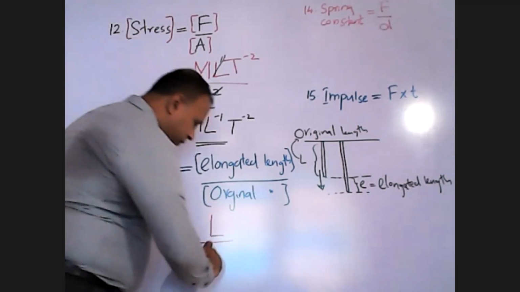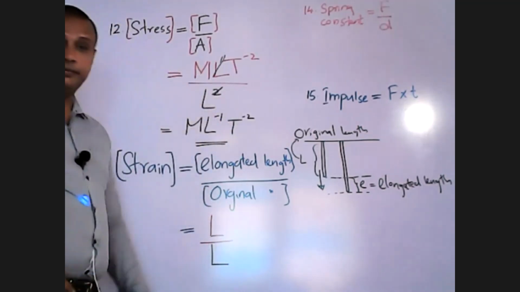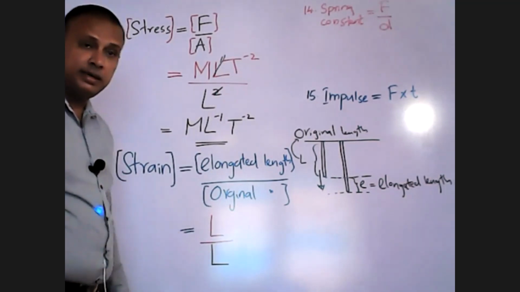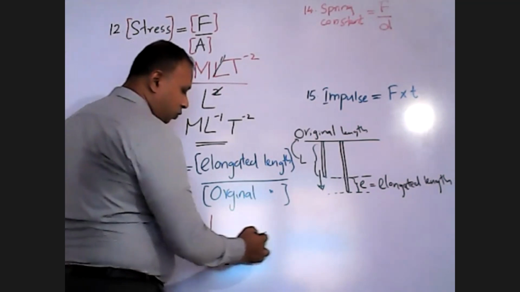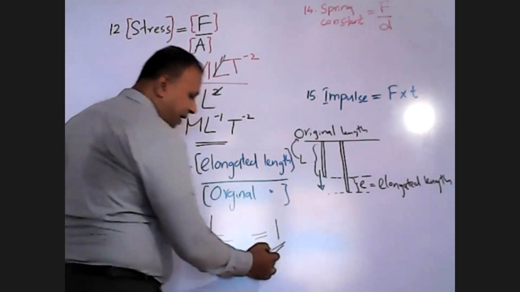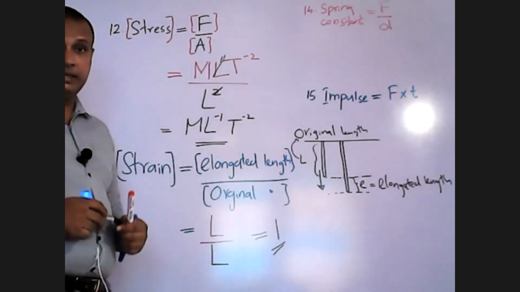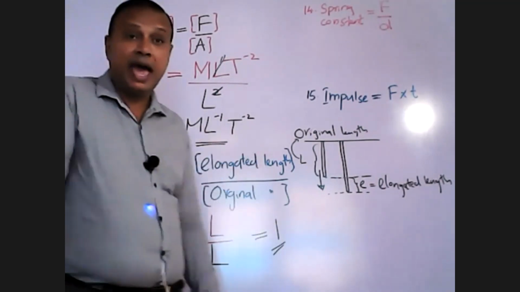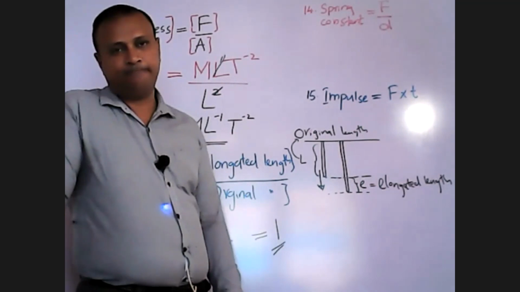So we have to replace this by L over L, that is equal to 1. 1 means strain does not have a dimension.